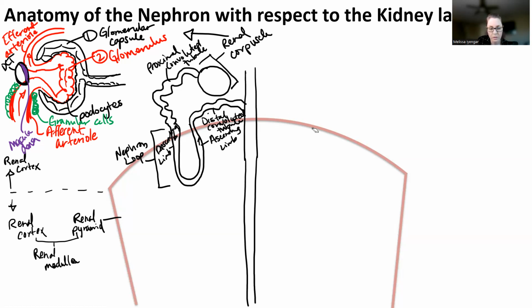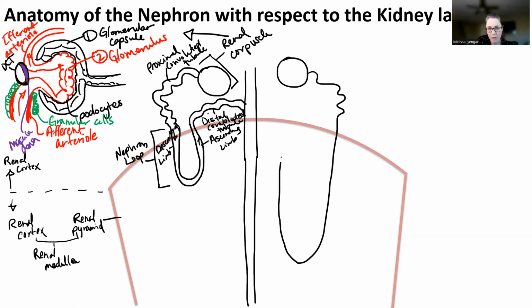Hold on, let me make my renal corpuscle a little bit higher. Okay. I'm going to have my proximal convoluted tubule. I have my nephron loop, and then I have my distal convoluted tubule. So what you should see is the collecting duct is where multiple nephrons attach.